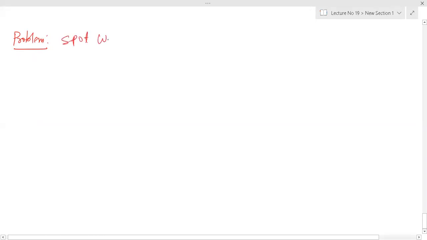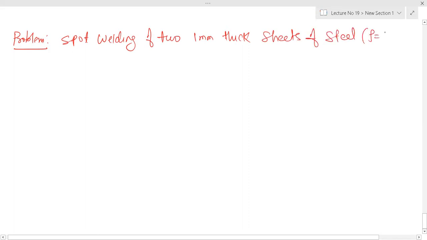Spot welding of two 1 mm thick sheets of steel. What is the density of steel? 8,000 kilogram per meter cube.